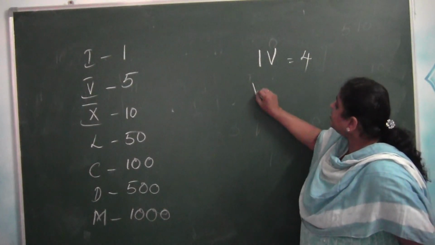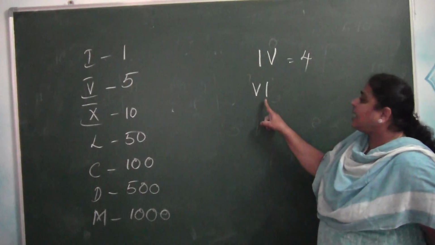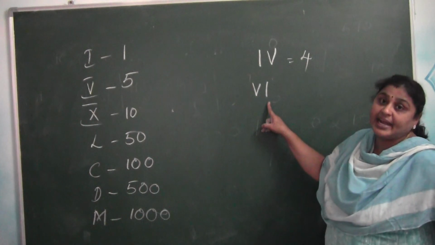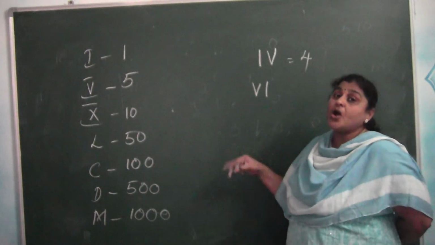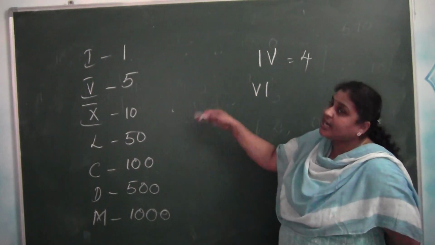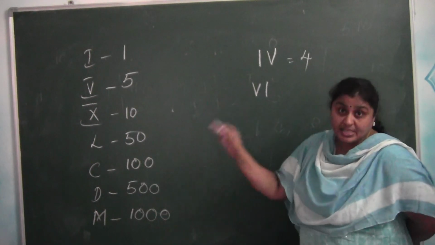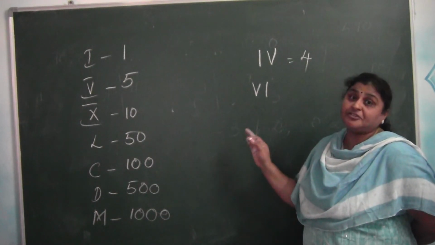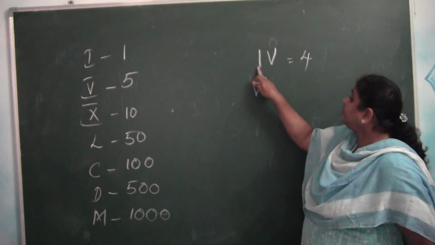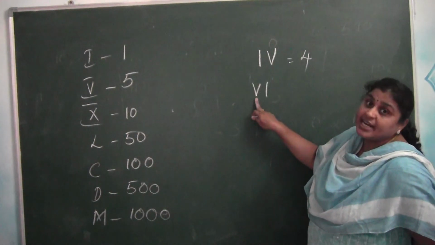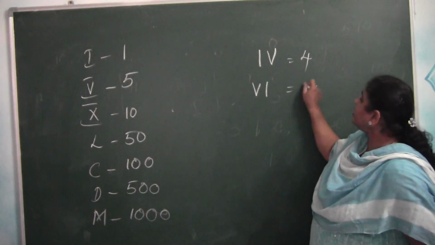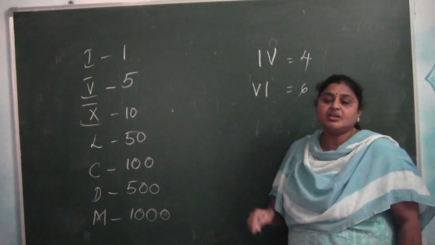If I am writing V and I, with I towards the right side, it means you have to add. If I am writing on the left, you subtract. These are the rules you have to follow. V stands for 5, 5 plus 1, 6. Got it, children?